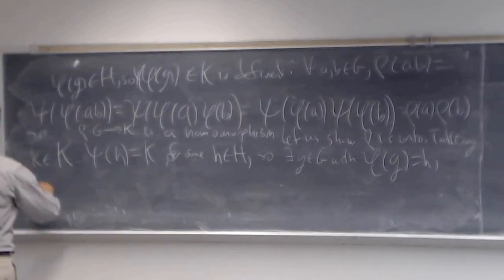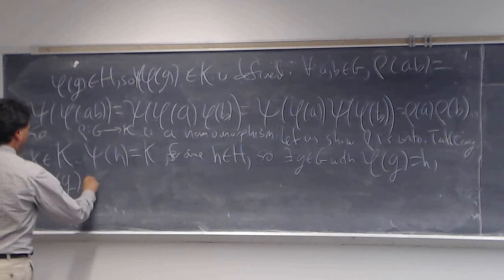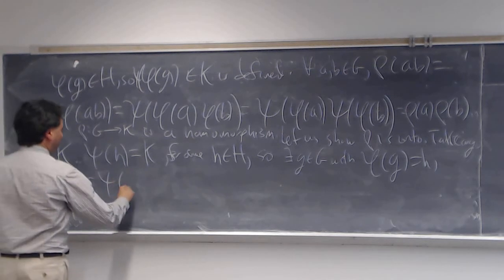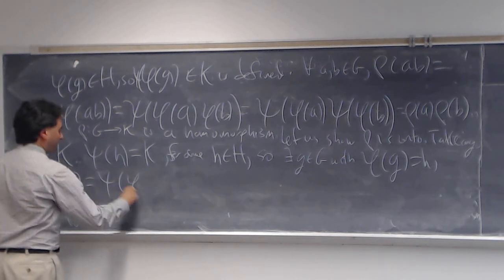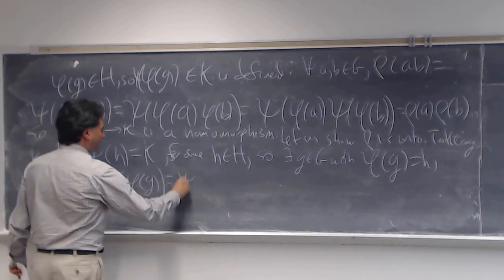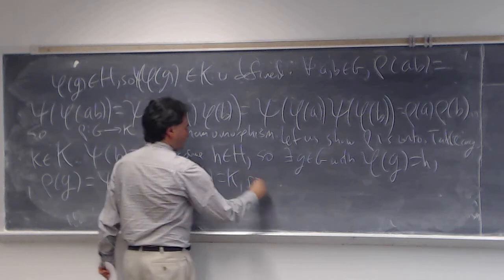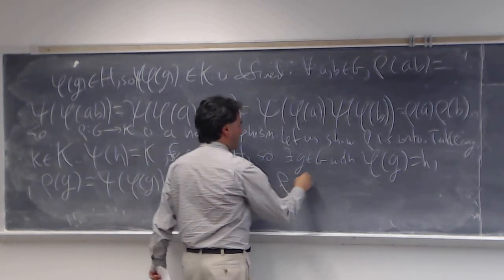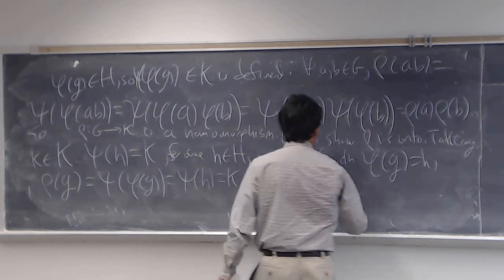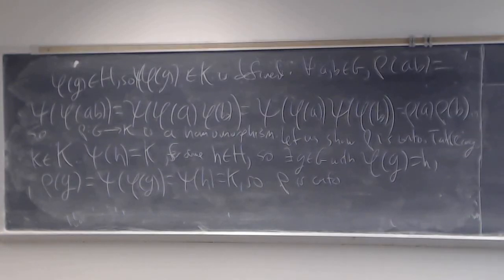If we look at rho of g, that's psi of phi of g, which is psi of h, which is just k. So rho is onto, because if you give me any k in K, I can find an element of G that rho sends to it.